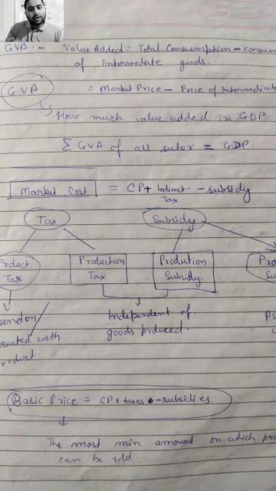Now again it will add the value of the tire plus its profit along with the bike, and then it will sell it to the customer, the final consumer. Suppose you are going to purchase a Himalayan bike, it is not going to charge you extra for the tire. The price of the tire is added in the price of that motorcycle. Okay. So it will be calculated again along with the price of the motorcycle.